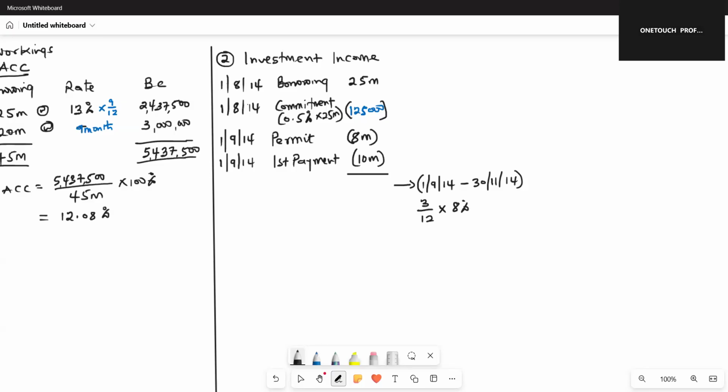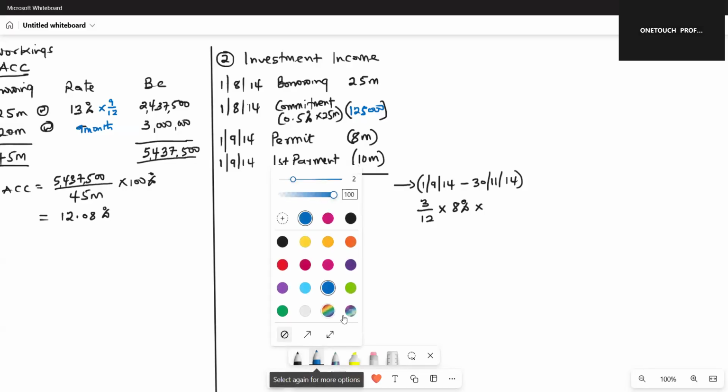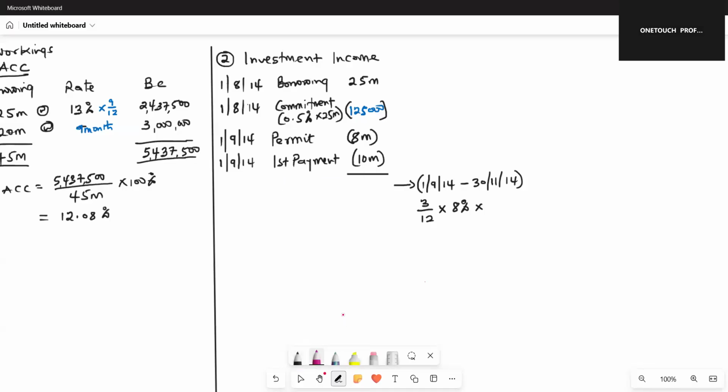Let's deduct. What is the amount available for investment? 6.875. I would want the full figure: 6,875,000.